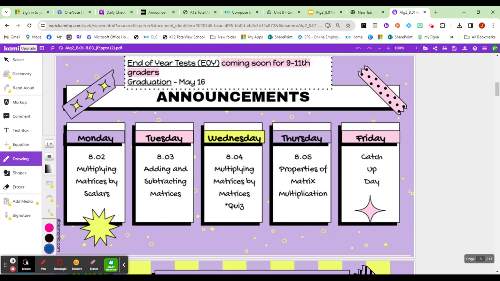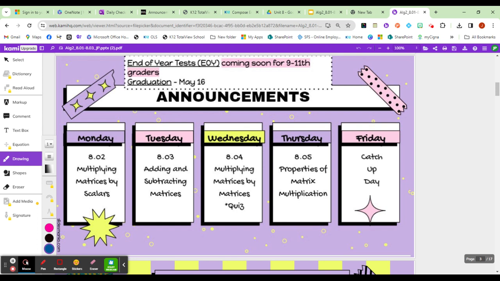A few reminders on when assignments close this quarter. If you are a senior only, your closing dates are different than everybody else's. Seniors, TGAs close on April the 30th, and CGAs close on May the 2nd. If you're a 9th, a 10th, or an 11th grader, TGAs close on May the 13th, and CGAs close on May the 15th.